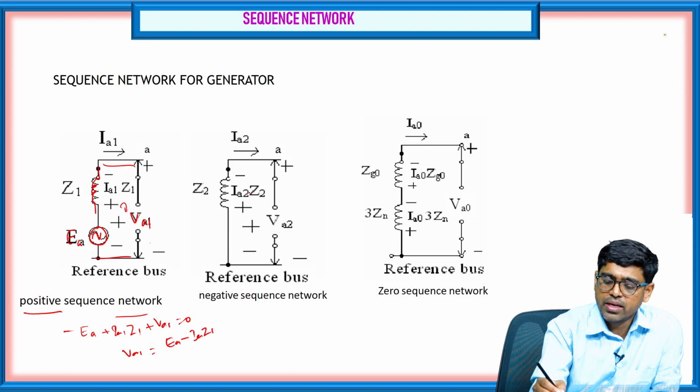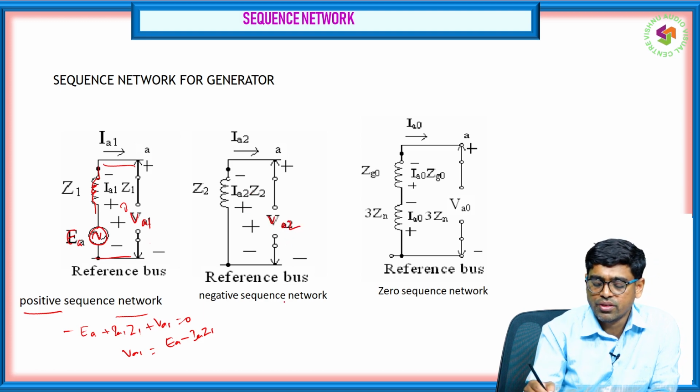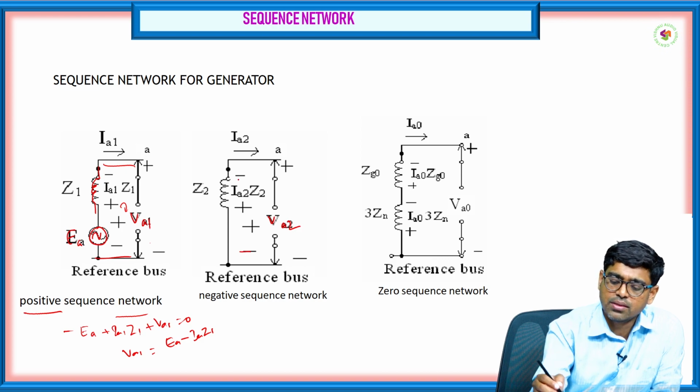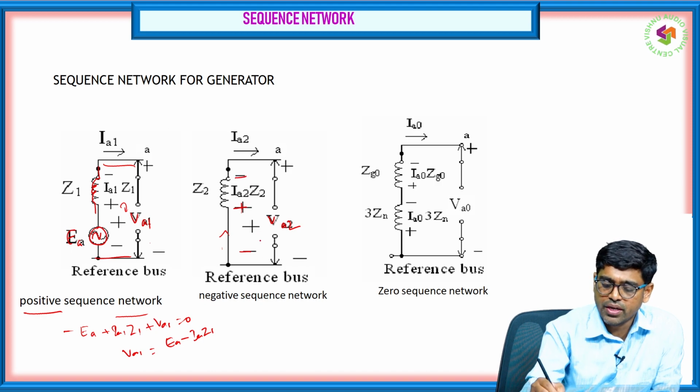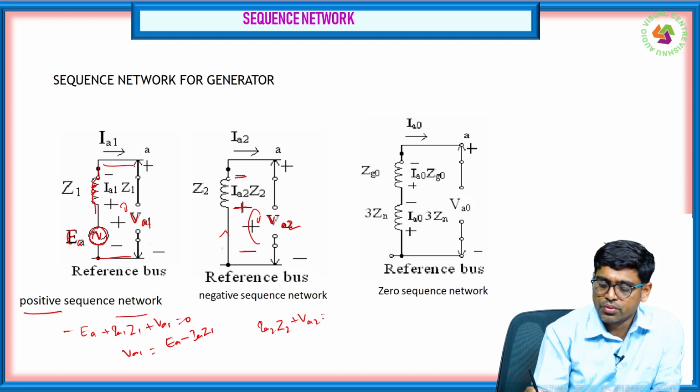Next, here we have VA2, with the negative sequence impedance. The current will flow like this. If you take the loop analysis of this one, it is Ia2 into Z2 plus Va2 equals 0. From this, Va2 is nothing but minus Ia2 into Z2.